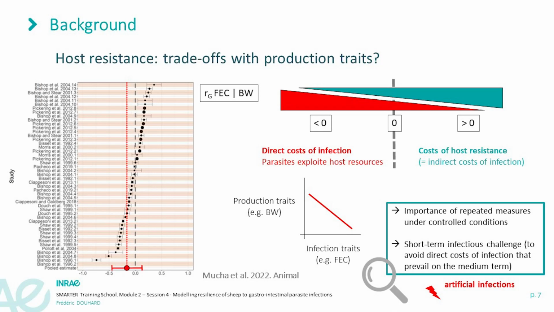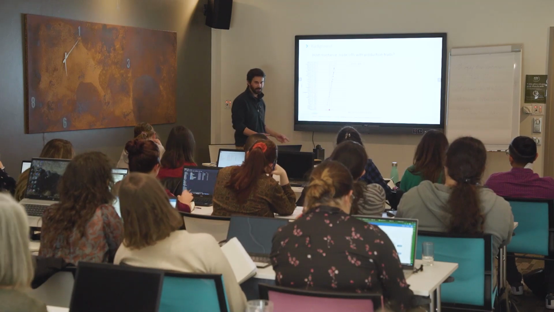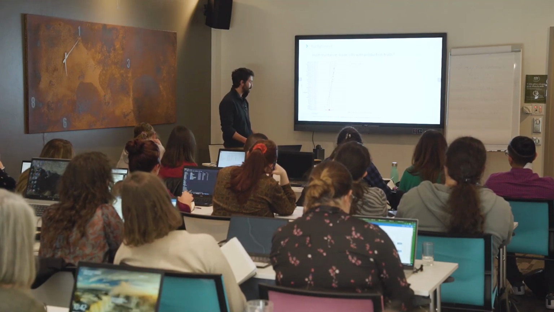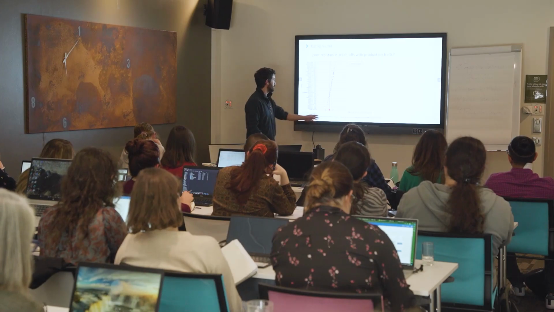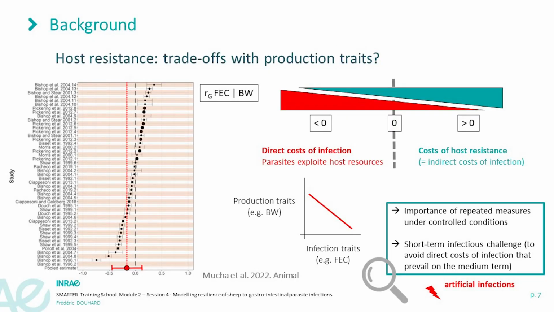And you can see that the genetic correlations range from negative values to positive values. So it's very heterogeneous. And on average, it's slightly negative, but it's very close to 0. So here we don't know very well what the side effects are of selecting for host resistance based on fecal egg count.